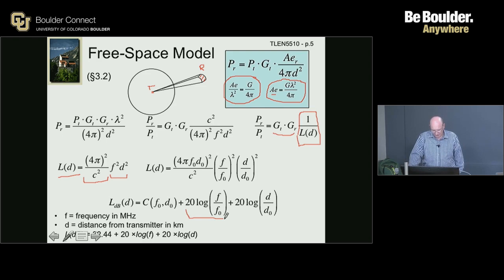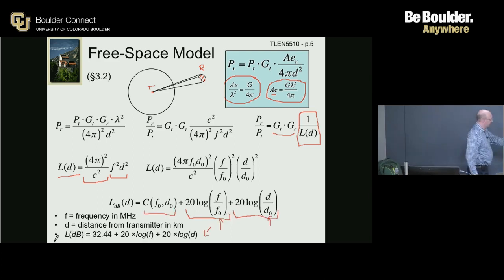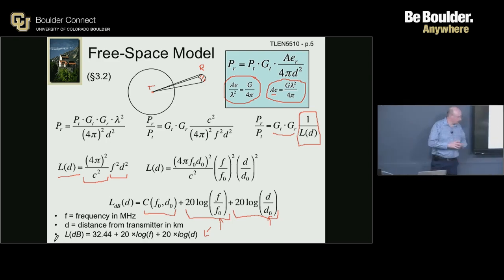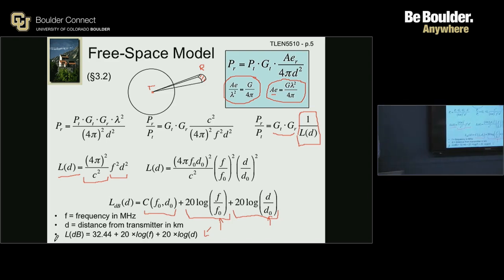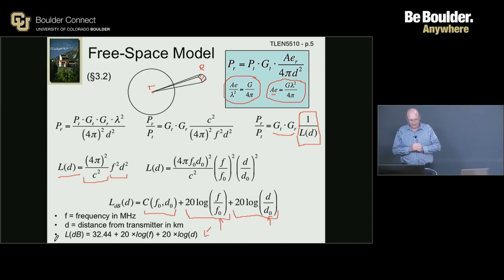So you can do that several ways. Very often you'll see that formula that you can barely see at the bottom because of that. There, I removed it. You'll see something like the path loss is 32.44 plus 20 log f plus 20 log d.